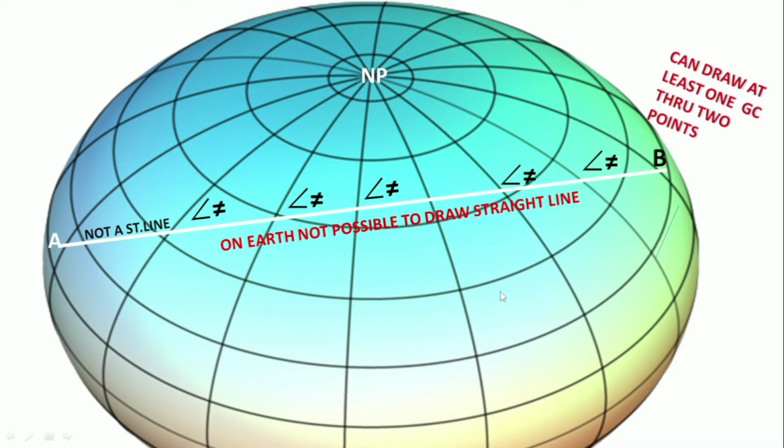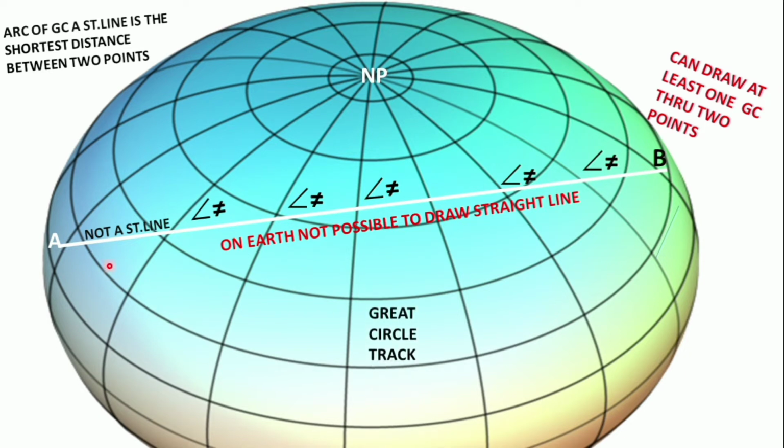And when we talked about great circles, we said that it is always possible to draw at least one great circle to two given points on the surface of the Earth or sphere. Now the arc of this great circle would be the shortest distance and would be as good as a straight line, what we can see here.